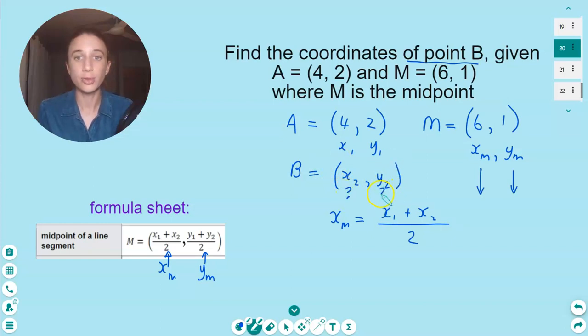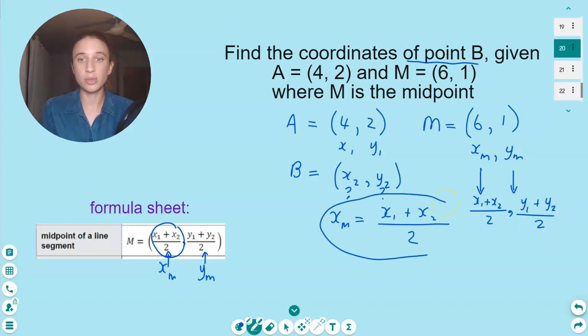They are unknown. Now, the trick to these is make an equation. Make an equation equating your X coordinate of your midpoint to that bit, and your Y coordinate of your midpoint to that bit, the average Y value. So this is our equation we're going to use.